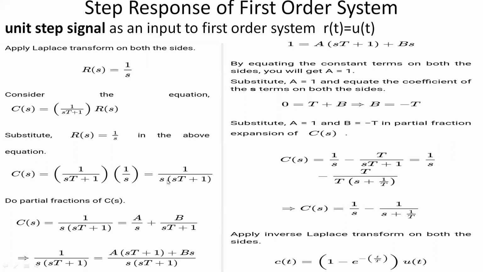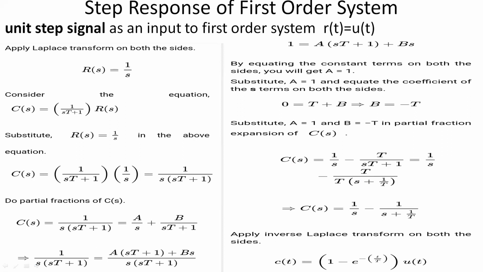Here we are getting a different form, 1 by s into (sT plus 1). So we do the partial fractions of C of s, which we need to remember: 1 by s into (sT plus 1) equals A by s plus B by (sT plus 1). So this gives 1 by s(sT plus 1) equal to A into (sT plus 1) plus B into s, divided by s into (sT plus 1).